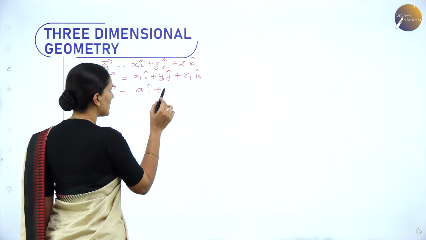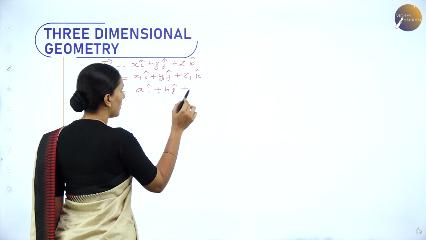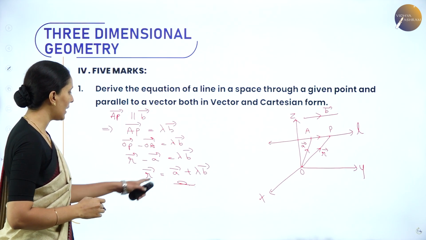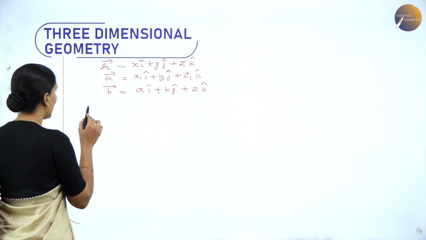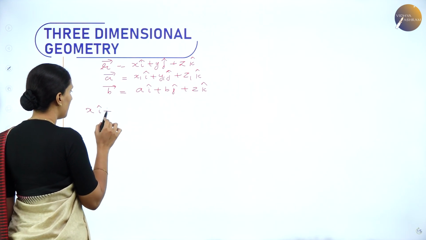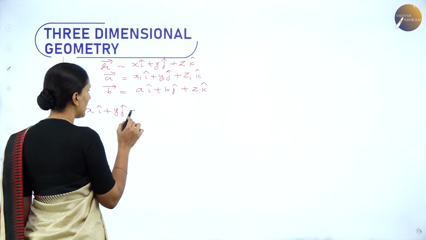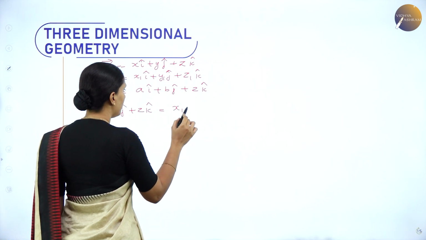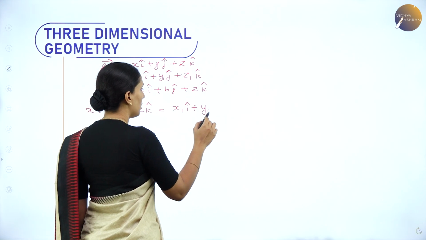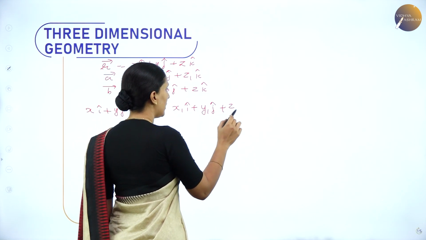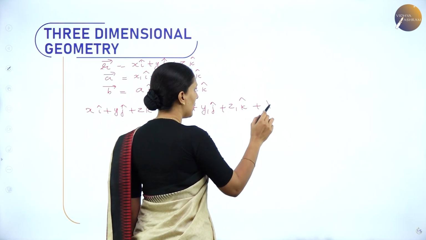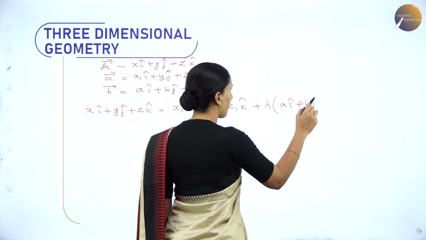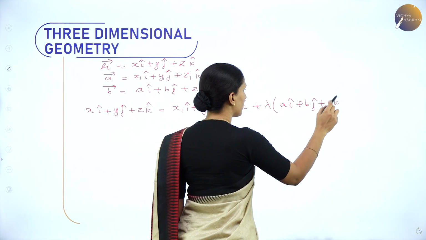Then this can be written as ai plus bj plus ck. So if we substitute all these in the given equation, then it becomes xi plus yj plus zk equals x1i plus y1j plus z1k plus lambda into (ai plus bj plus ck).